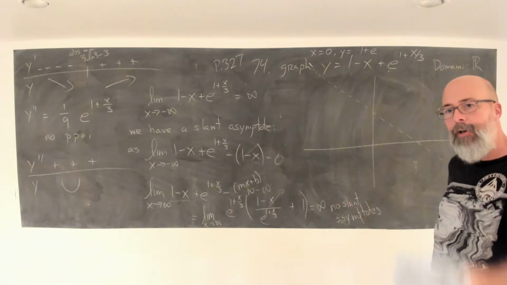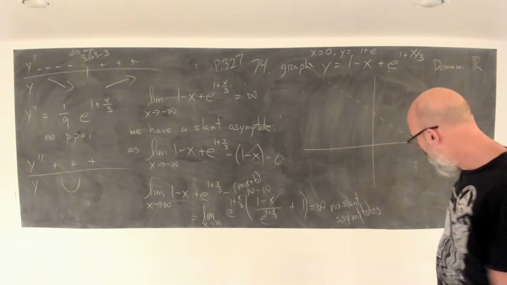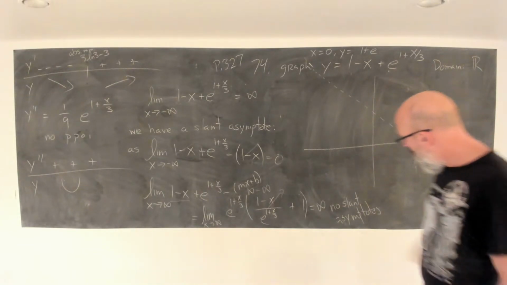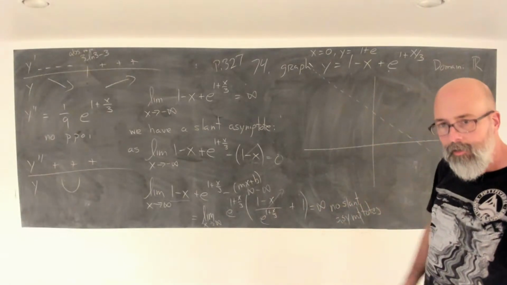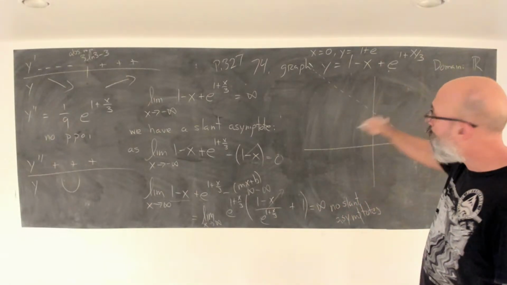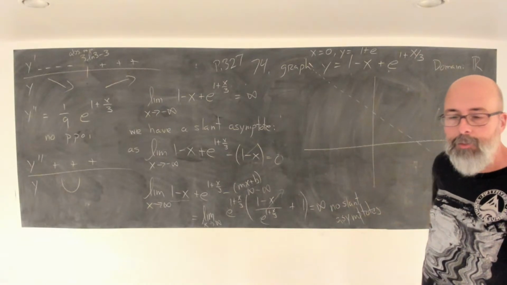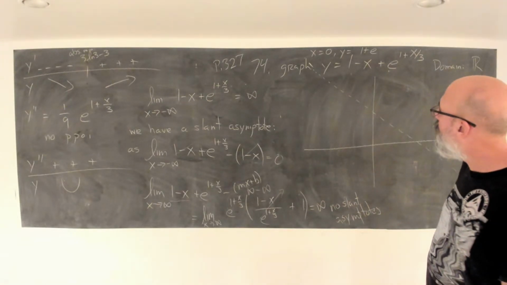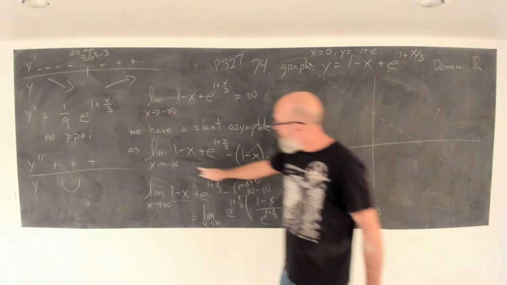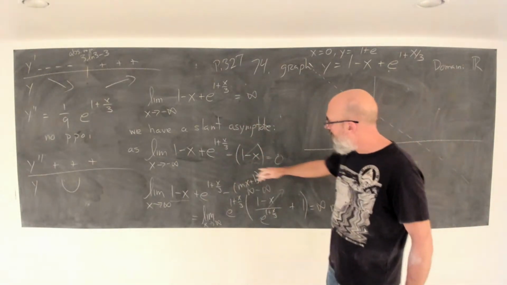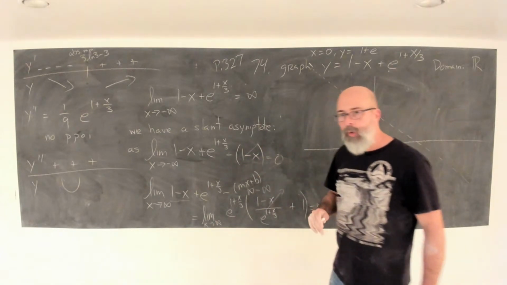If it's my understanding some of you are still not sure about the fact that we have no slant asymptotes here, let's put that aside. Let's finish the graph and I'll come back to that and explain it in complete detail. So as x goes to negative infinity, we do have a slant asymptote, namely 1 minus x.